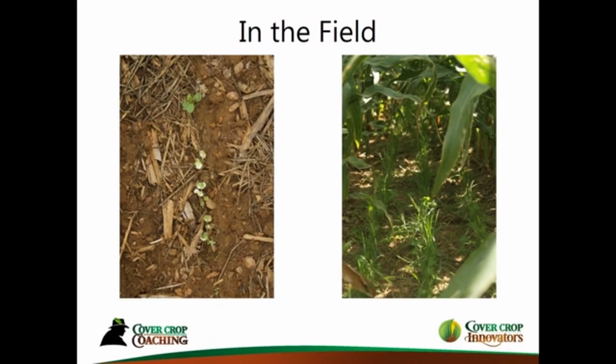Even on my own farm, I will have a cover crop planted where in some parts of the field it's absolutely perfect, and other parts it's not. It's just not very consistent, and I'm trying to figure out, is that a fertility issue, or a herbicide, or a soil type? Sometimes these things are hard to say, but herbicides always have to come into the question, because they can affect our cover crop.